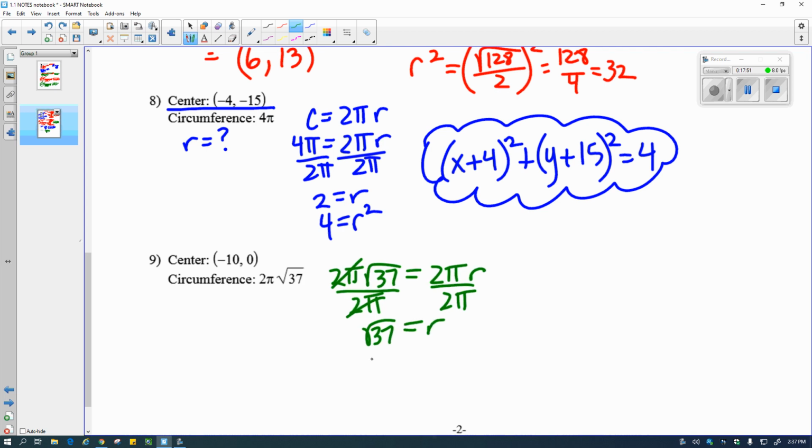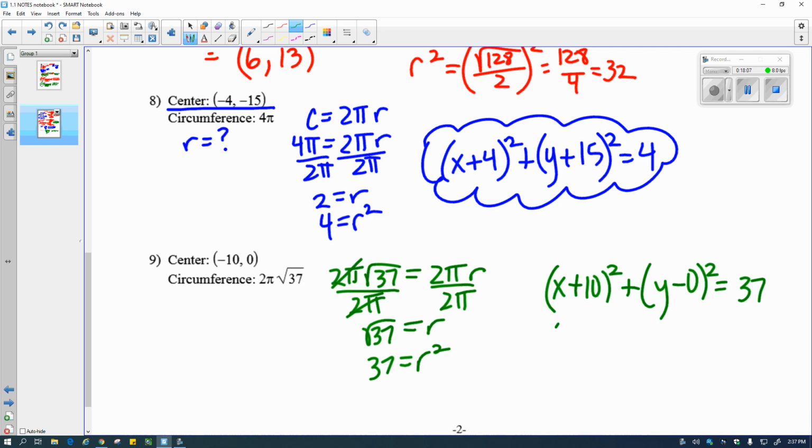That means 37 is my radius squared, because that's what I need for my formula. So I get x minus negative 10 quantity squared plus y minus 0 quantity squared equals r squared, 37. I could rewrite that as just y squared equals 37 in simplest form.